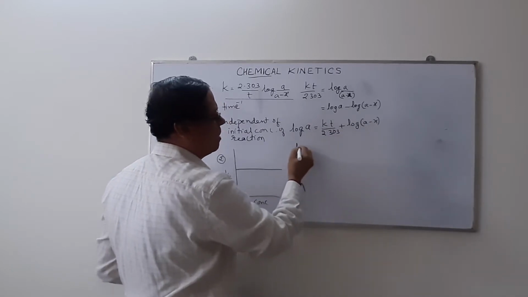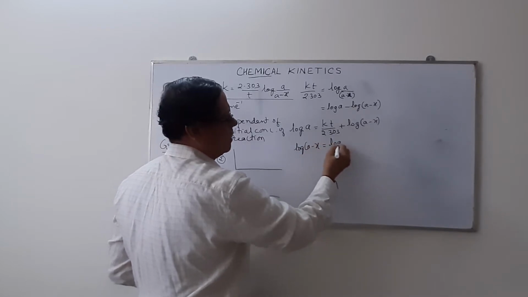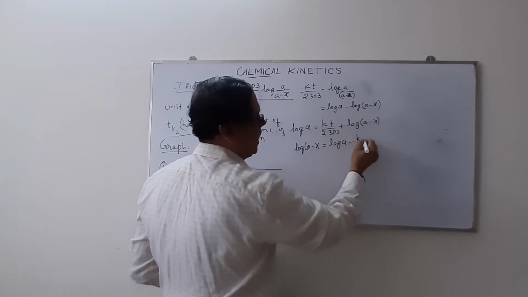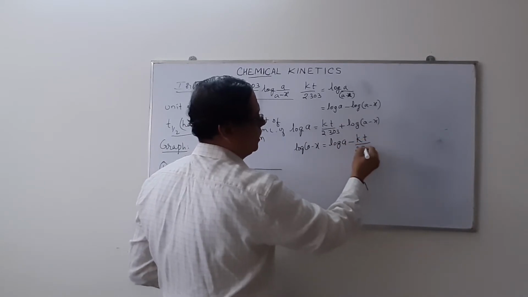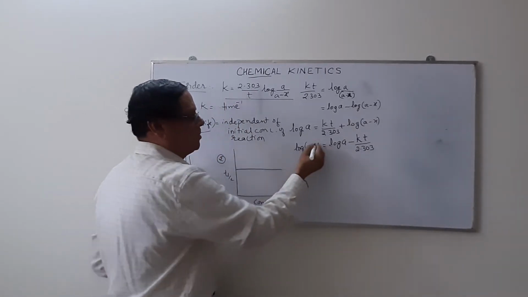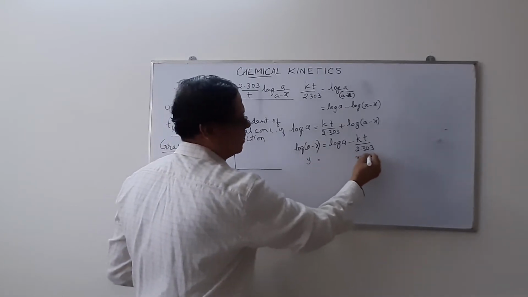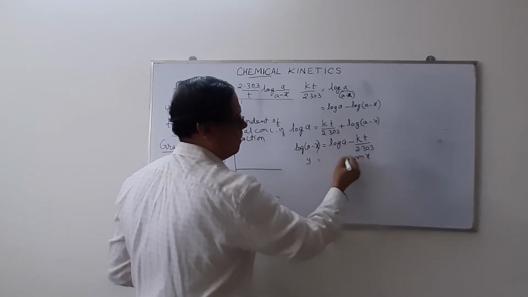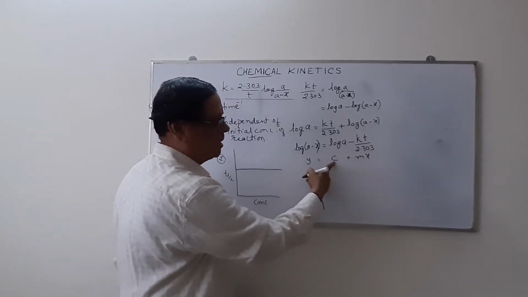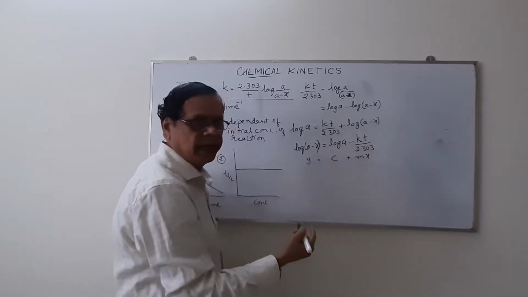Suppose I draw this log a minus x. This is equal to log a, taking this to the other side, minus kt divided by 2.303. Assume that this is in the form of y is equal to mx plus c, where y is the y coordinate, c is the constant, that is the intercept on the y axis, m is the slope and x is the x coordinate.